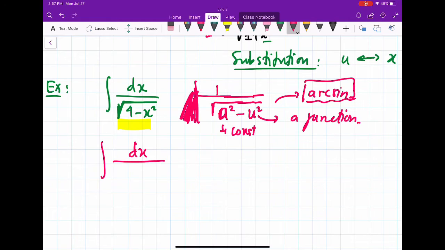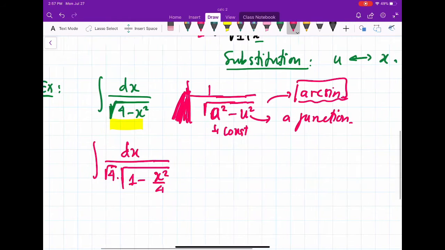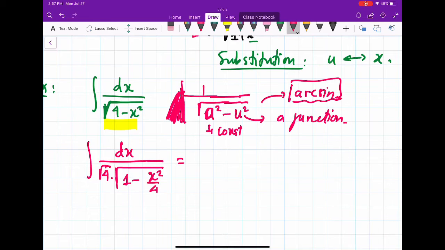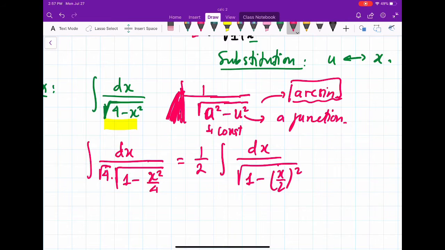So if I take 4 out, I have square root of 4 times 1 minus x squared over 4. You see this? And in here I will have 1 over 2, because square root of 4 is 2. dx over square root of 1 minus (x over 2) squared.